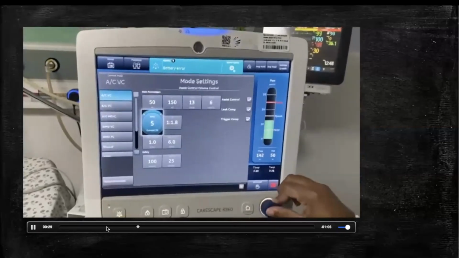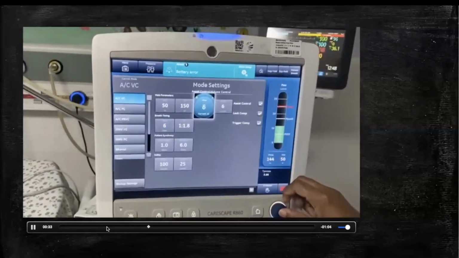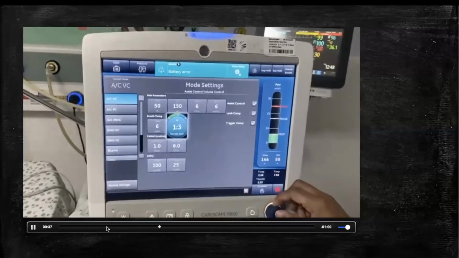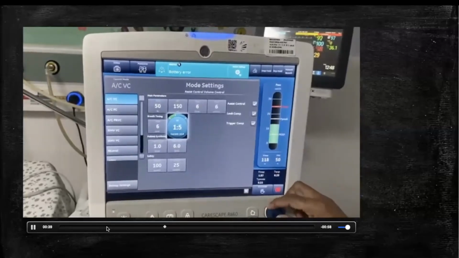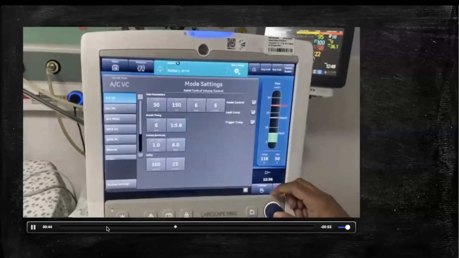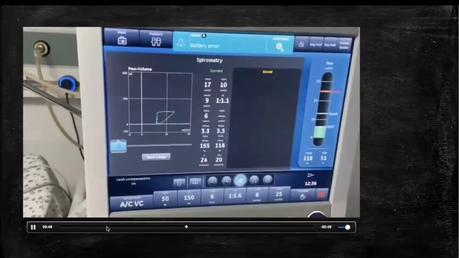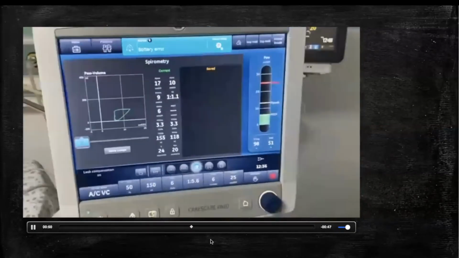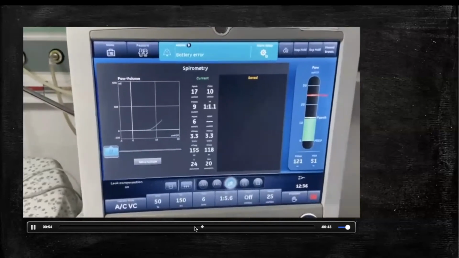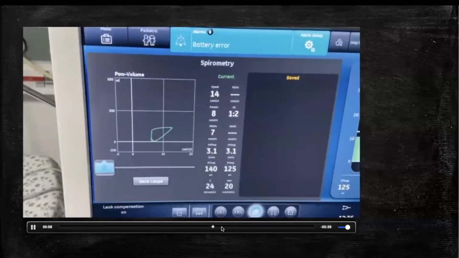We are reducing the rate to a very low rate of 6, and we are reducing the flow to 6, creating a low flow situation. We are keeping the PEEP also 0. So in this video, you can see we are making PEEP 0.